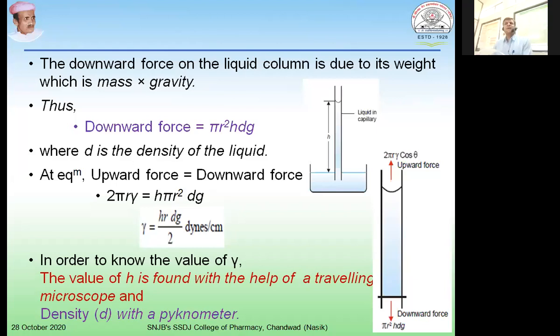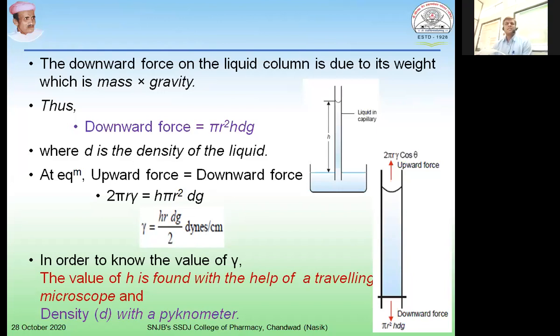When we simplify it for the calculation of surface tension, we get surface tension equal to h r d g upon 2, where pi and one r are cancelled with another pi and r.